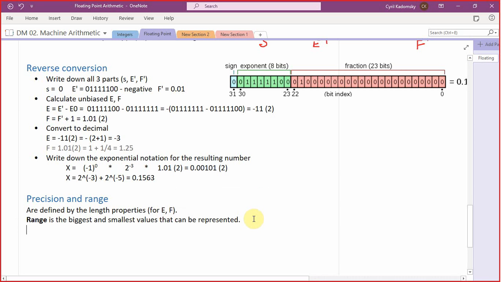The precision is the number of digits that are stored and not rounded.